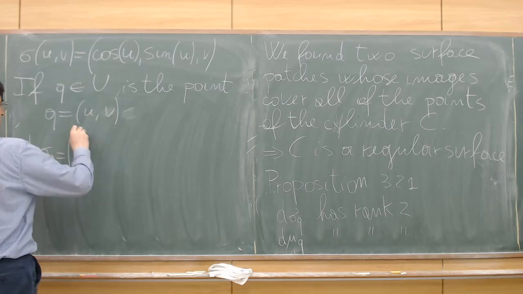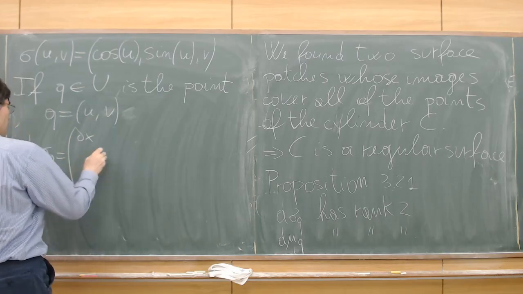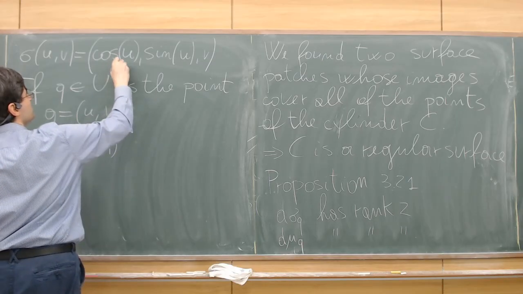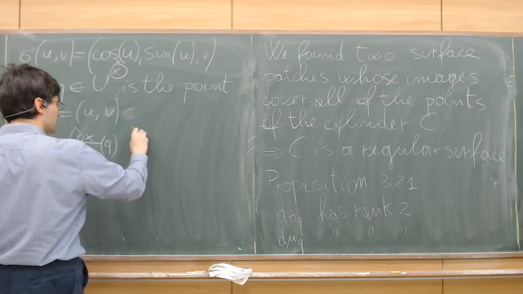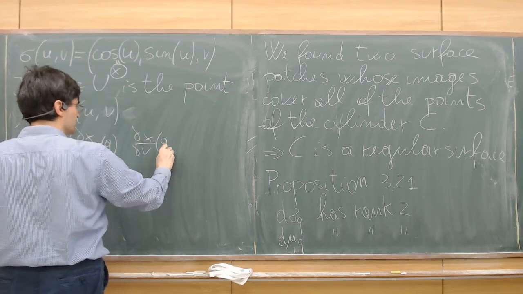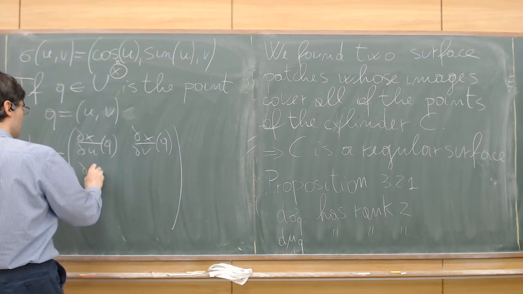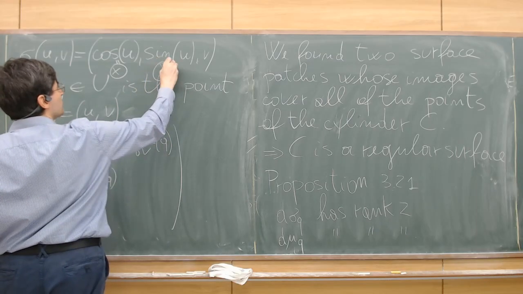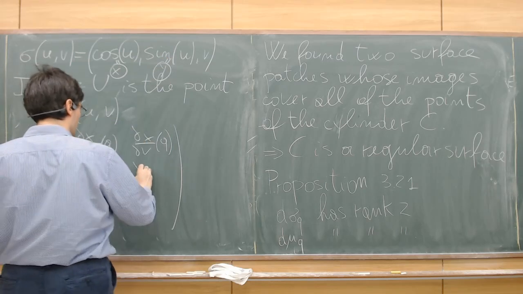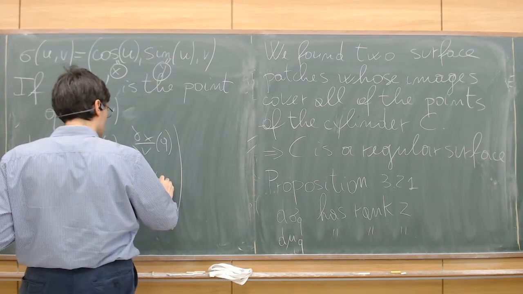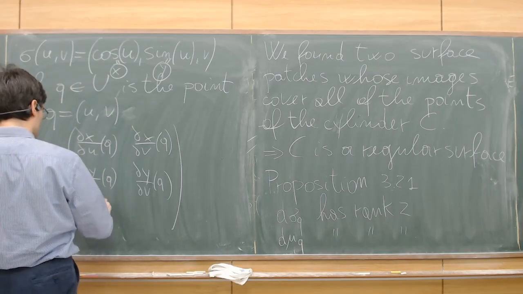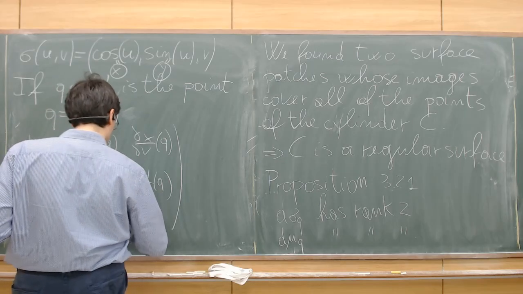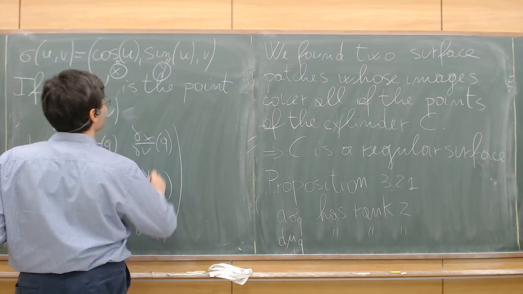D sigma q is dx du at q, where x is this function, dx dv at q, dy du at q, where y is this function, dy dv at q, and then it remains dz du at q, dz dv at q, where z is this function.